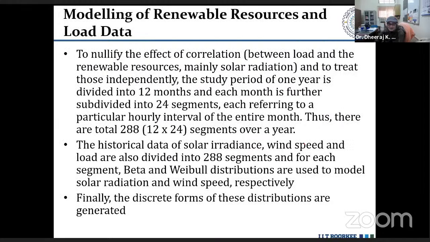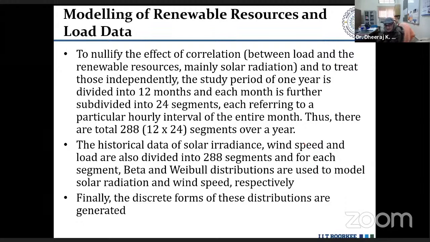Now how to model renewable resources and load. We know that load and solar radiation are strongly correlated. They follow some typical pattern. So what we did here, first we divided the study period of 1 year into 12 months.